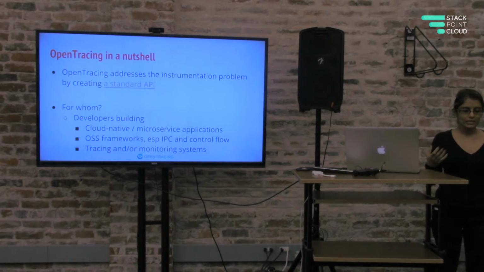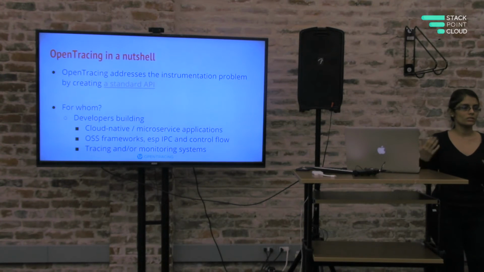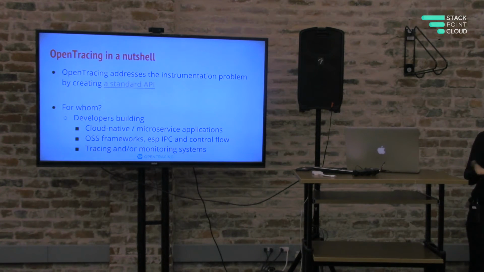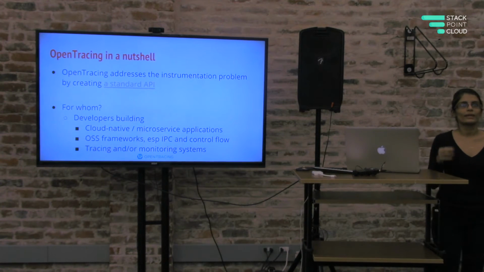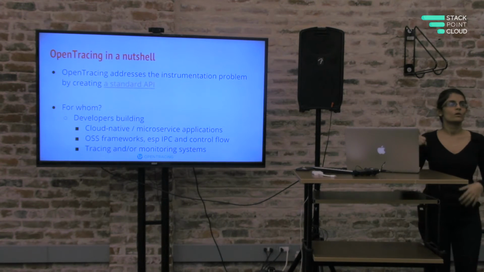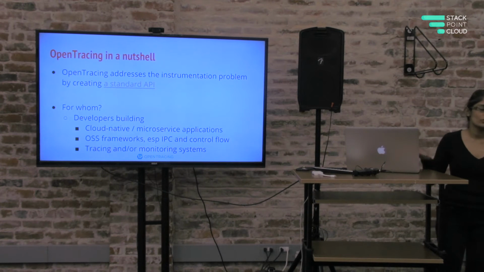In the past, they had to build an entire tracing system, which isn't tenable, or pick some vendor solution, which means picking somebody, while now they can just instrument their framework and let the user decide whether to use tracing at all, or if so, which vendor to use, etc.